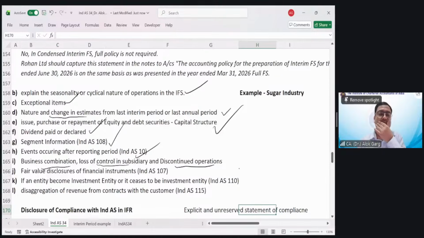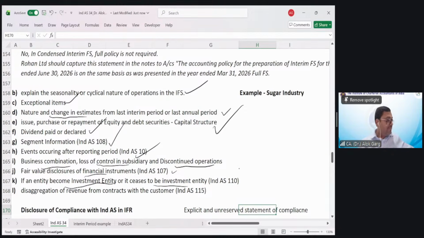Fair value disclosure of the financial instrument, okay? If an entity becomes an investment entity or it ceases to be an investment entity, my dear friends, you will read the concept of investment entity in Ind AS 110, right?